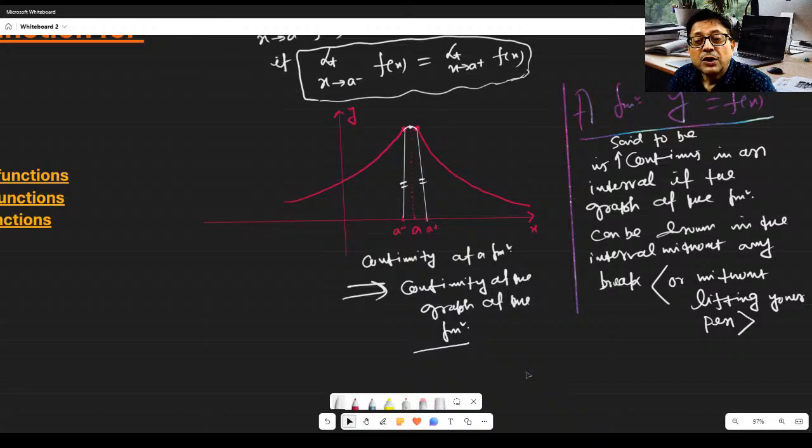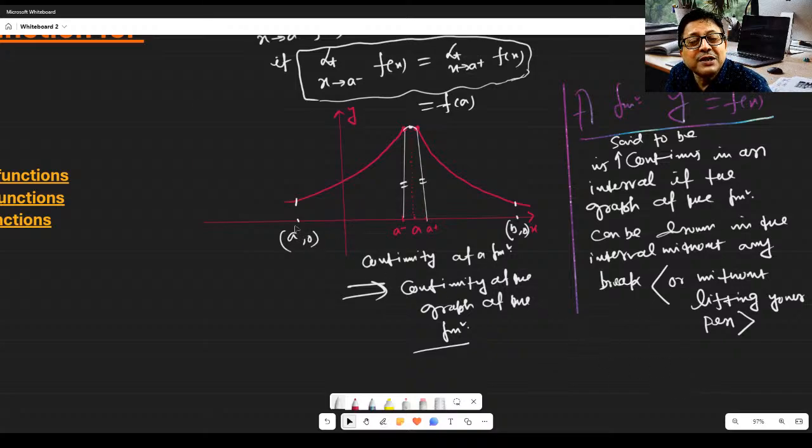So if I say that the function is continuous in this interval between two points a and b, then the graph of the function is continuous, and analytically the functional value equals the limiting value at every point, isn't it?